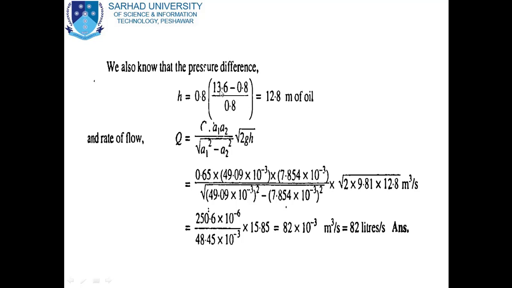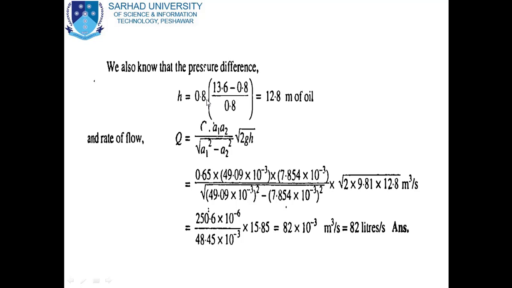So by subtracting the specific gravity of oil from that of mercury, dividing by the specific gravity of oil, and multiplying by the mercury head, you will get the pressure difference H equal to 12.8 meters of oil.